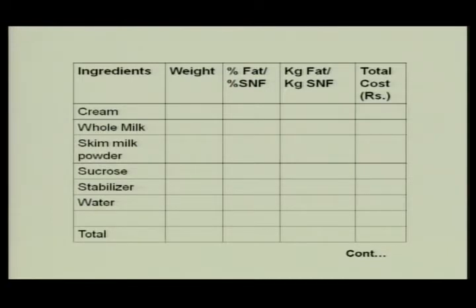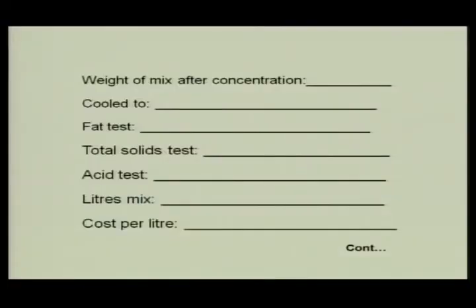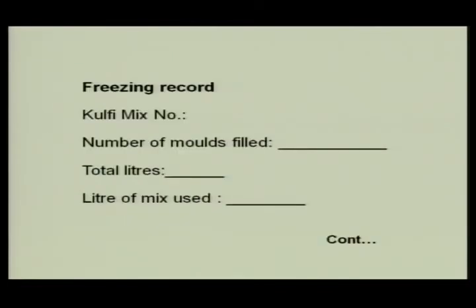That is, you take the weight, percentage fat and SNF, kilogram fat and SNF, and also take the costing into account. Then the weight of mix after concentration, then cool to what temperature, what is the fat test, what is the total solids, what is the acid test, that is lactic acid, how much is the acidity of the mix, then what is the liters of the mix, and what is the cost.